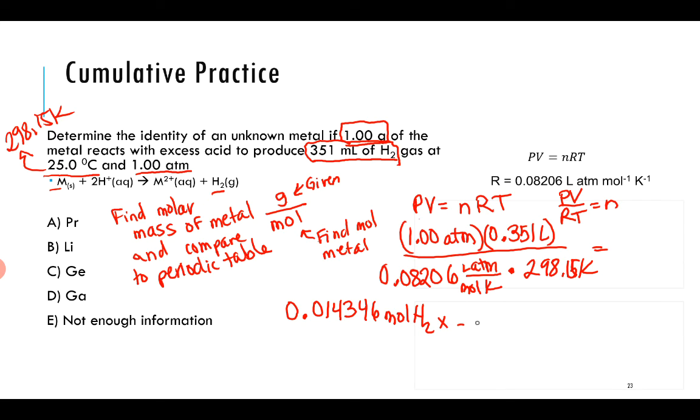And then I will need to cancel out my moles of H2 and get into my moles of metal. There's a 1 coefficient in front of my metal, 1 coefficient there, and so that is equal to my moles of metal.